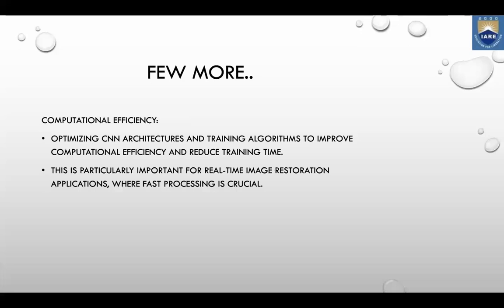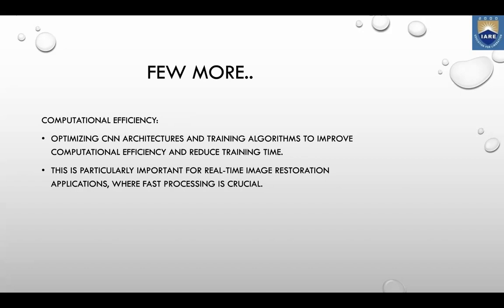More challenges: computational efficiency. Now, if we are supplying large data sets as input, the time complexity, that means the training time, will also increase. So this requires optimizing the CNN architecture as well as the algorithms, which may increase the computational efficiency and also reduce the training time.